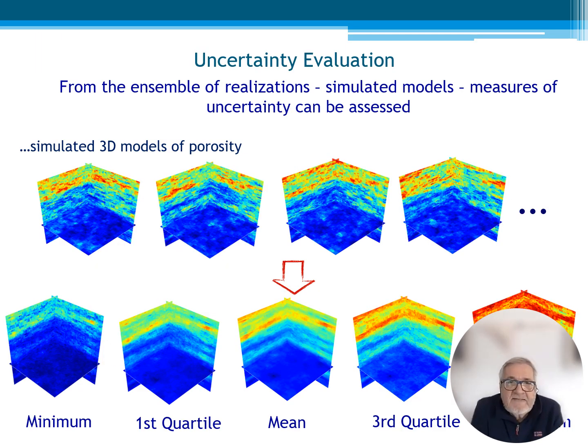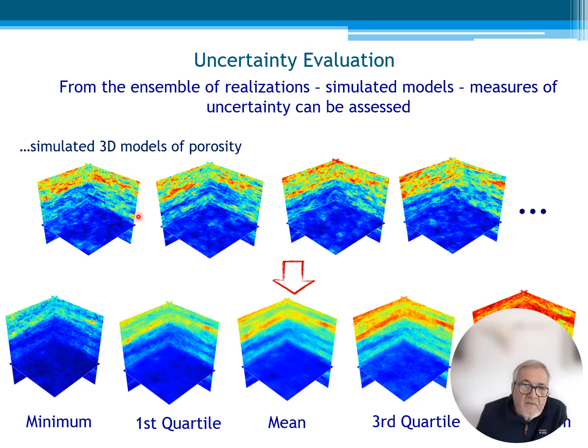Now, let's see how to extract the uncertainty from a set of simulated models. Remember that this is one of the main goals of those simulation models. Suppose here we have represented simulated 3D models of porosity.